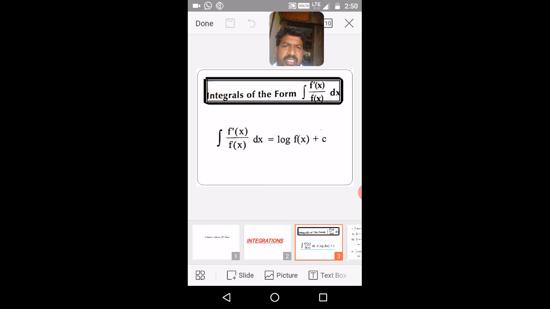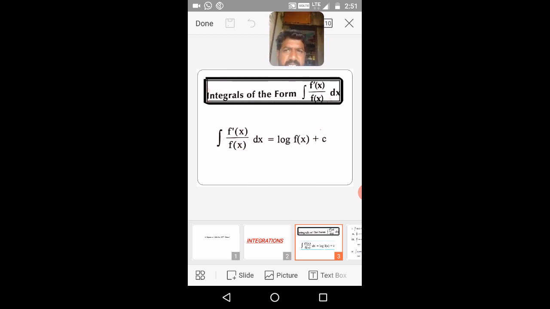Then f dash x dx equals dt. So the integrand changes into the integration of dt by t, so integration of 1 by t dt, that is log t plus c. Log t is again f of x, so log f of x plus c.